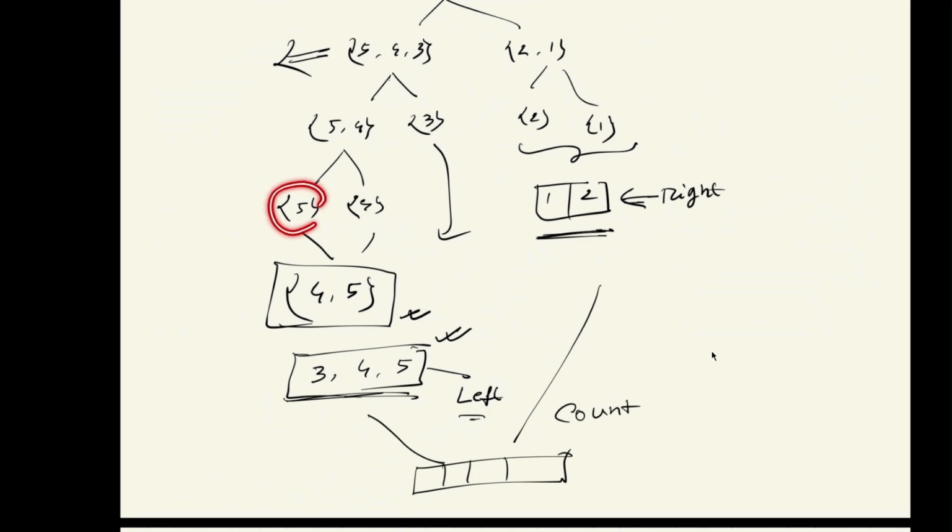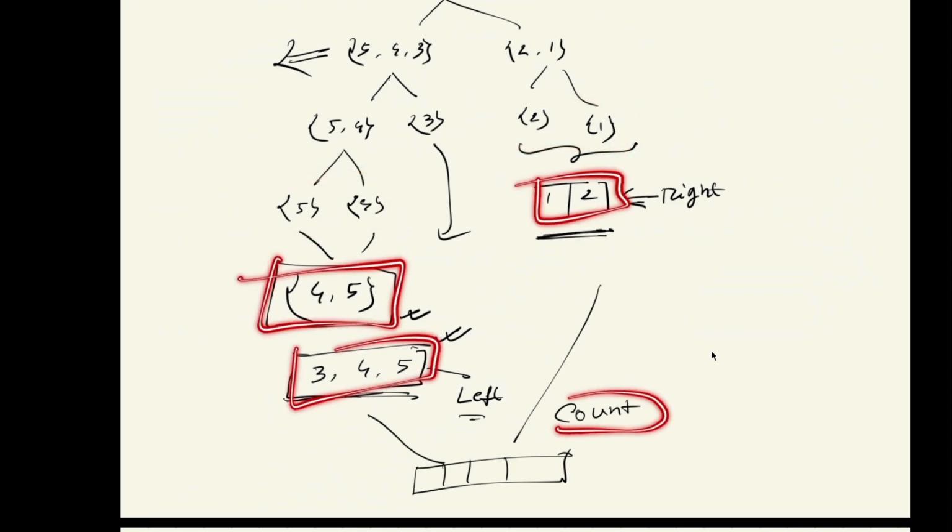Here we will get a count of 1, because I is greater than j. Similarly, there we'll get some count, and if we add up all these counts from each merging level, we'll get our entire count, which is 10.